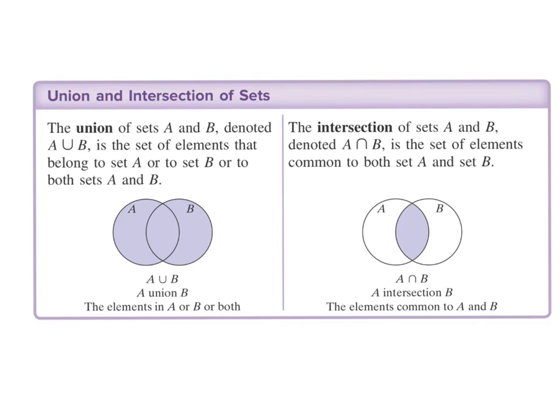The union includes all of the sets. The intersection only includes the parts that are in both A and B. In the union, it could be A or B or both. In this case, it's just A and B.